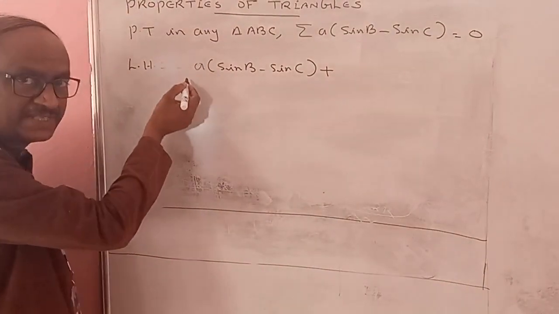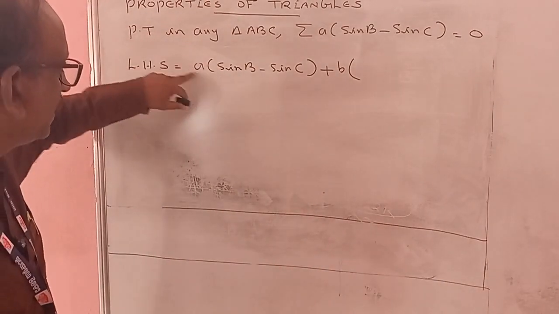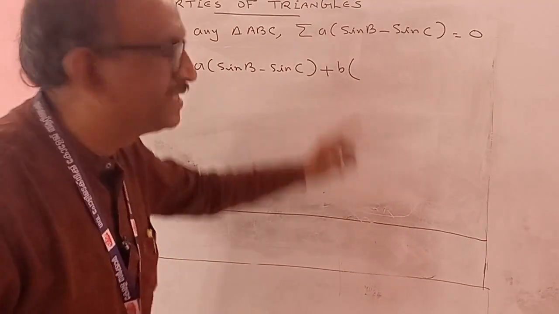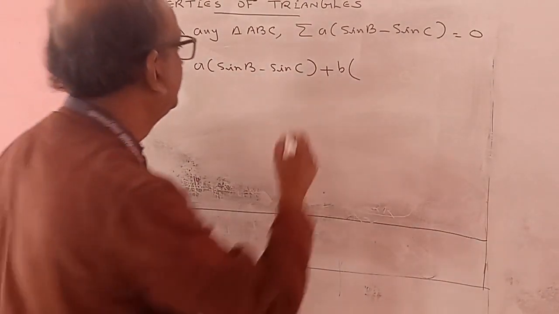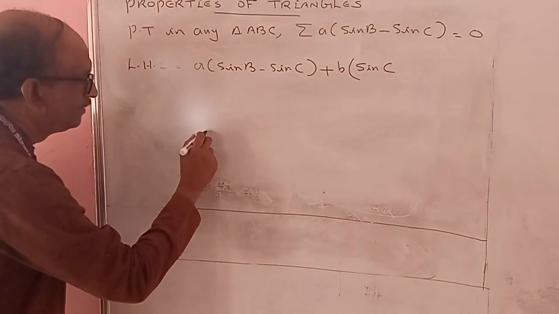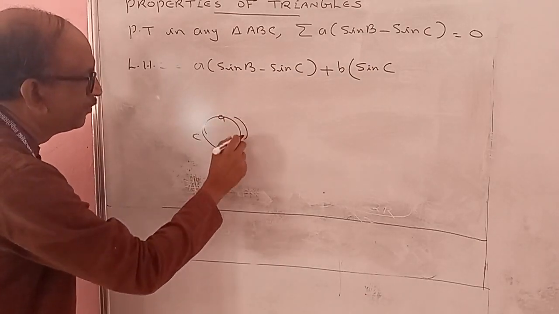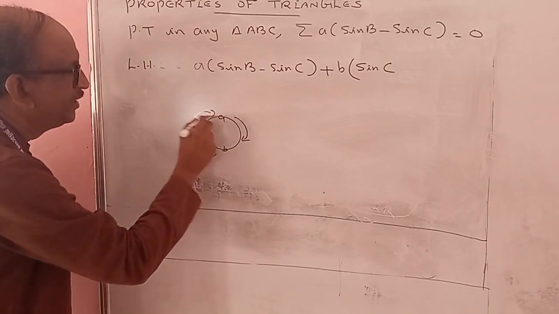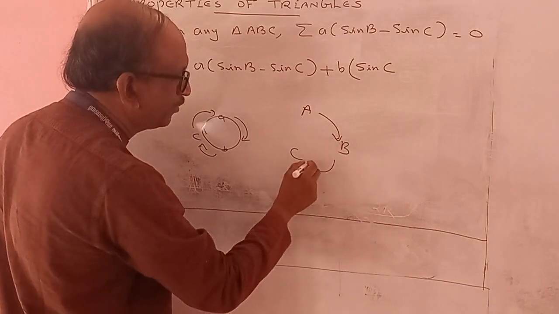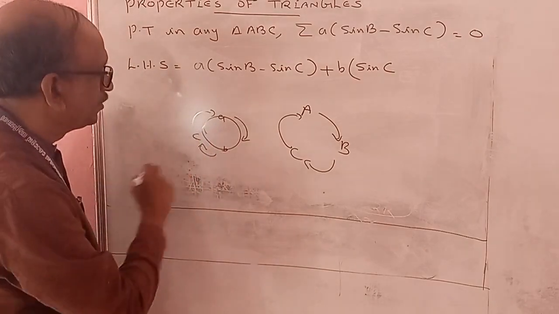Second term: small b, and inside the bracket, sine C minus sine A. This is cyclic rotation: a goes to b, b goes to c and c goes to a.